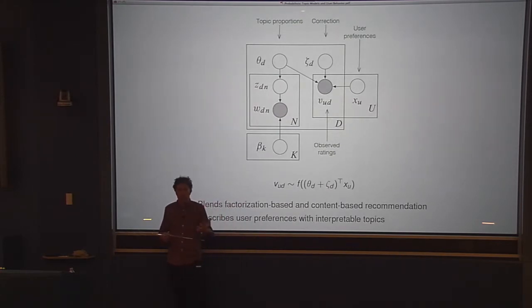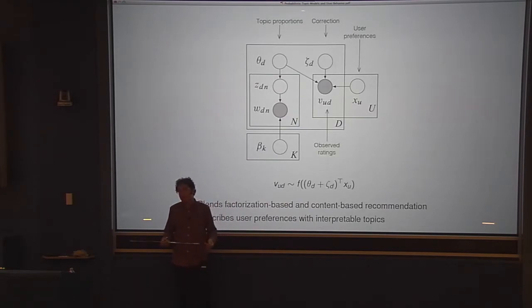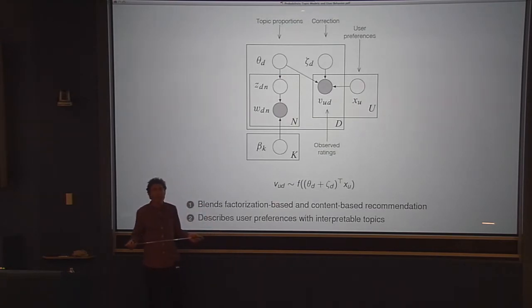So two things. One, we get the cold start, this problem of recommending articles immediately, from theta, right? Because theta has to explain the words, so we know something about the article as soon as it's published. But two, XU now is represented in topic space. So, classical matrix factorization, which is how Netflix recommends movies to you and Amazon recommends books to you, sees you just as a point in some kind of abstract space where you might have high weight in dimension 62.